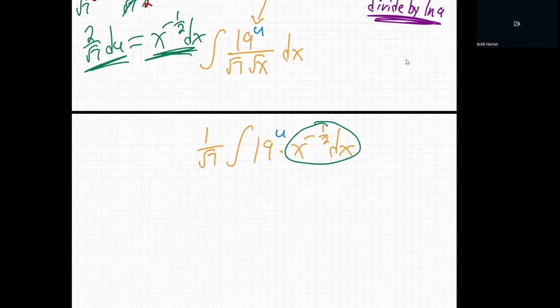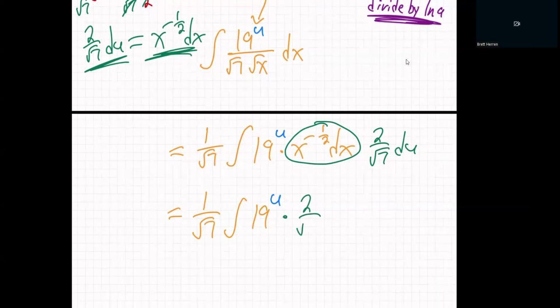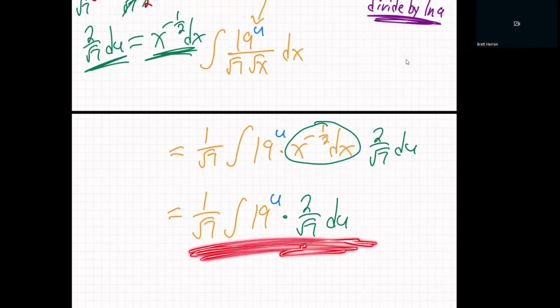So this integral becomes 1 over root 7 times the integral of 19 to the u times 2 over root 7 du. Now we have it all in terms of u. There's no more x in there.